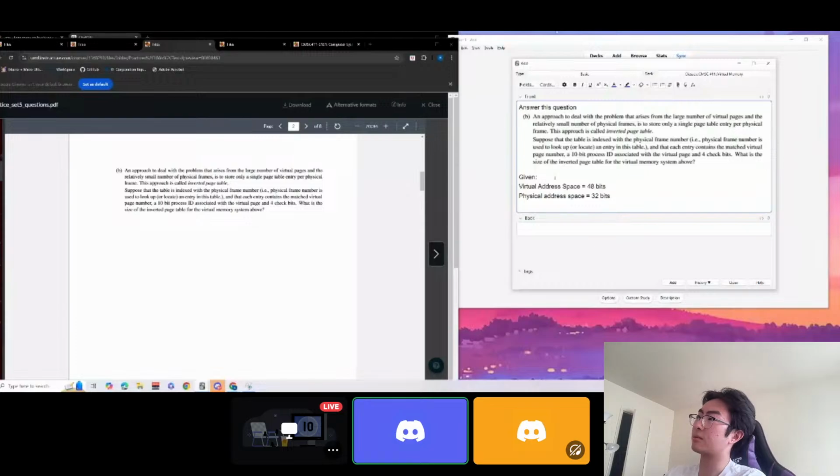So I see that this is a problem because we do have a higher number of bits for the virtual page numbers compared to the physical addresses that we actually have. And then I think finally we got a page size, which is equal to 16 KB, right?